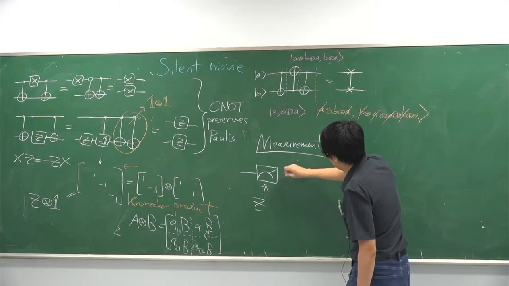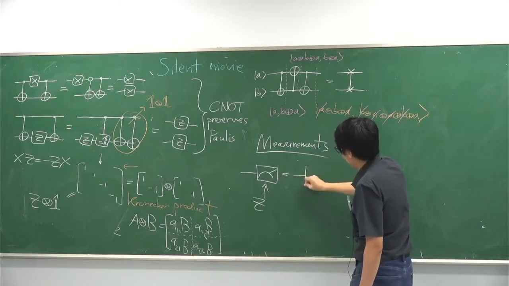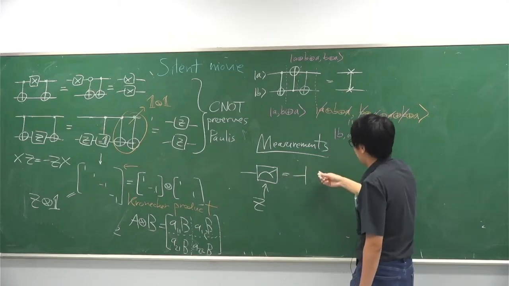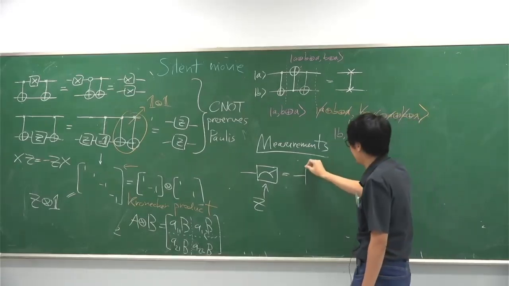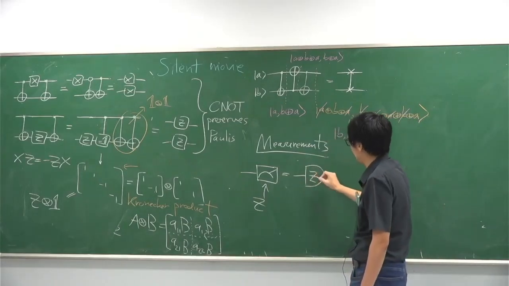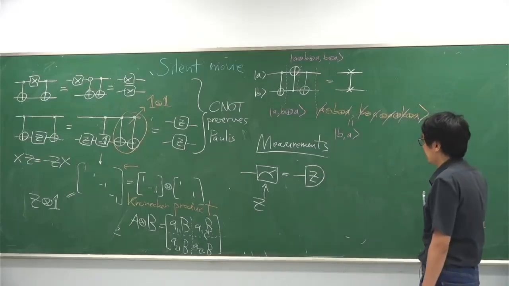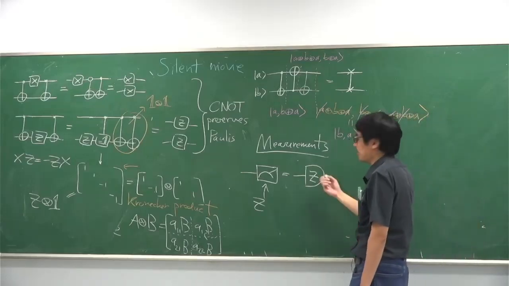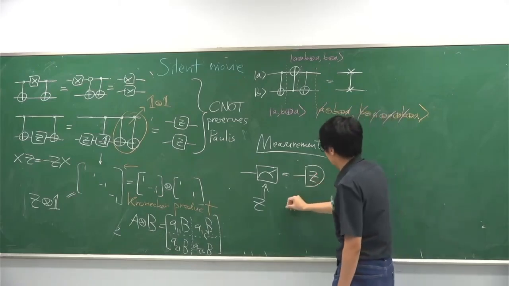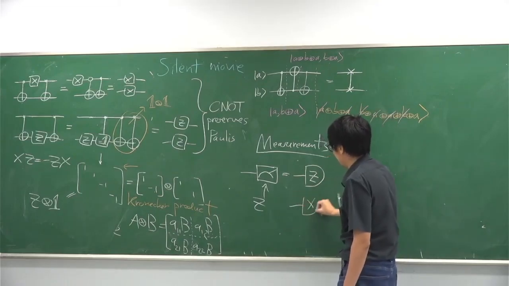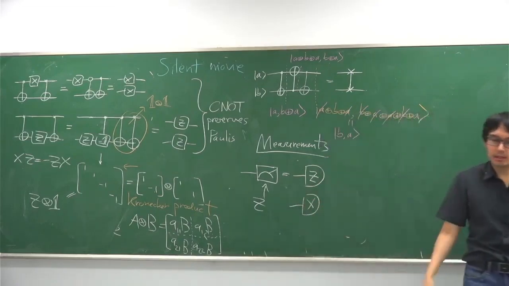If I want to put the Z in, I can try to make some symbol that distinguishes it from other gates. And now if I want to make a measurement in other bases, then I can write it maybe something like this, right? Measure in the X basis.